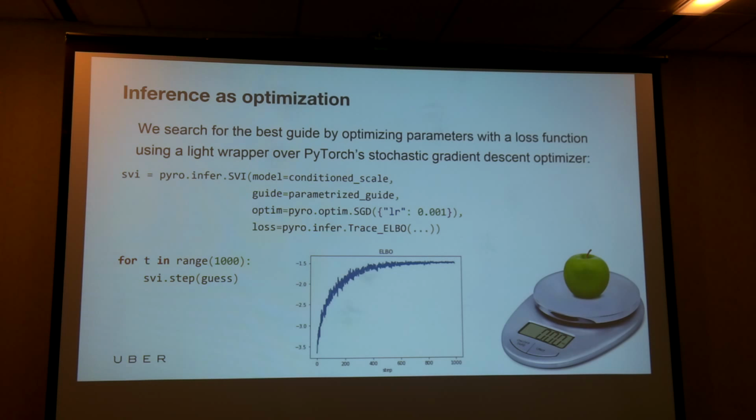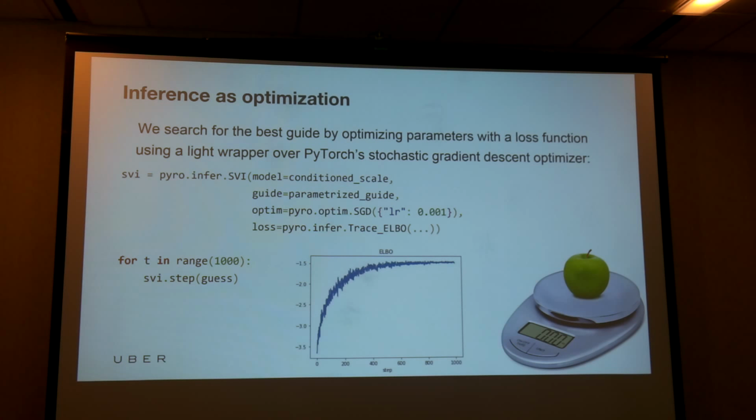Here you can see if we create this SVI object. SVI stands for stochastic variational inference. You don't have to worry about what that means right now. We'll come back to that. But it effectively means inference by optimization.